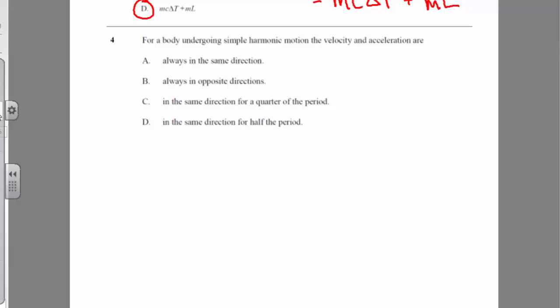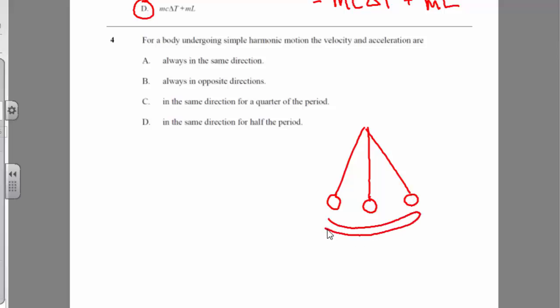So if we look at the object swinging, let's just consider this. We have it swinging from there to there to there and back, right? So it goes like this and then back like that. As it swings towards the middle from the left position, it's going to be accelerating to the right and its velocity is going to be to the right.